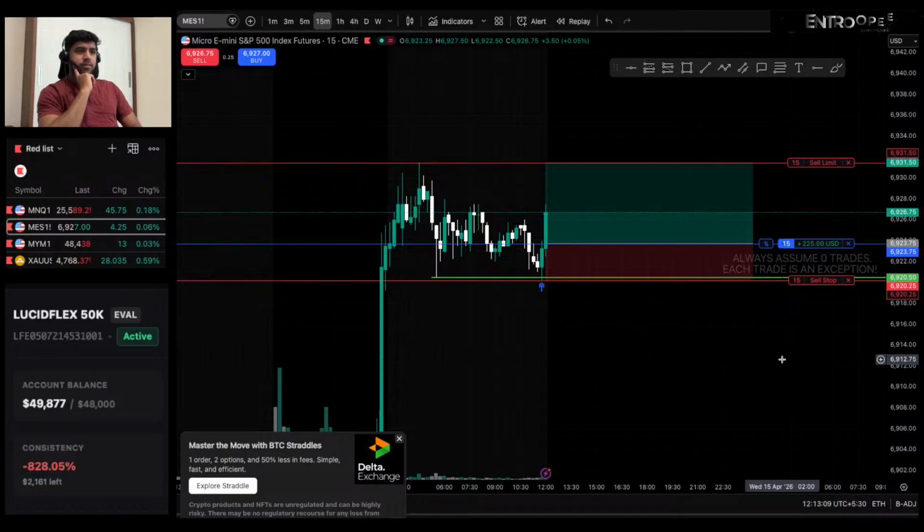2 minutes more for the 15 minutes candle to close. Let's see how it closes.